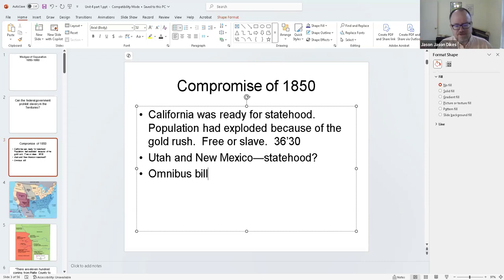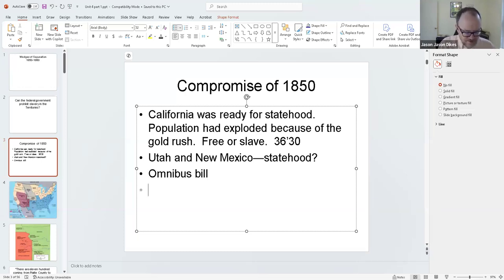You have some vegetables, you have some root vegetables, you have some meat, you kind of all jam it into one pot. It's the same thing of what an omnibus bill is. You kind of take several different issues that nobody's going to agree about and sort of jam them together and hope you have enough to get an agreement.